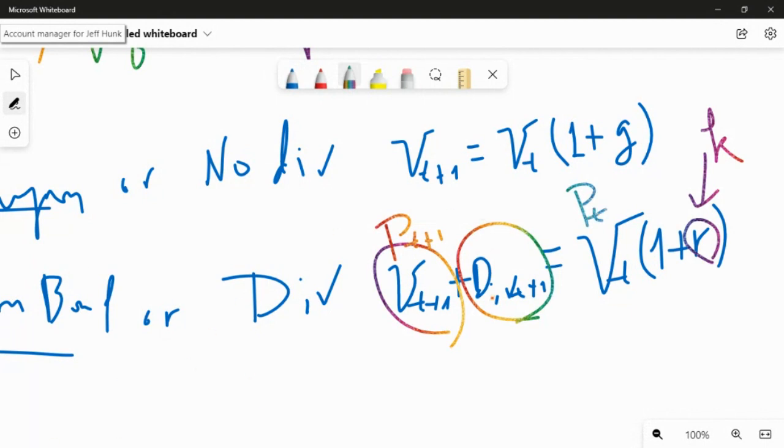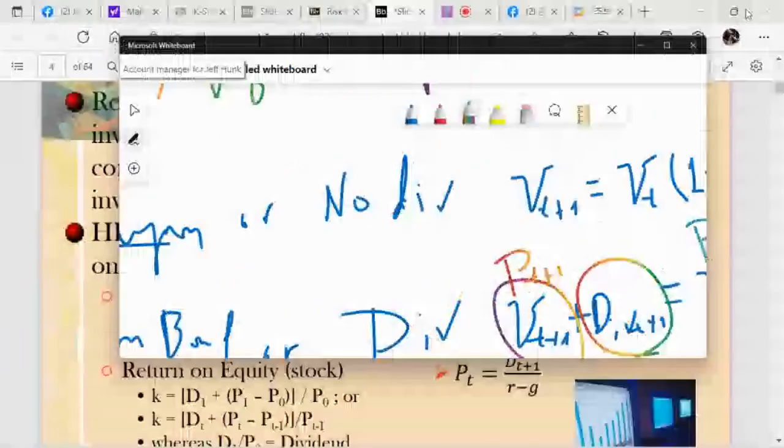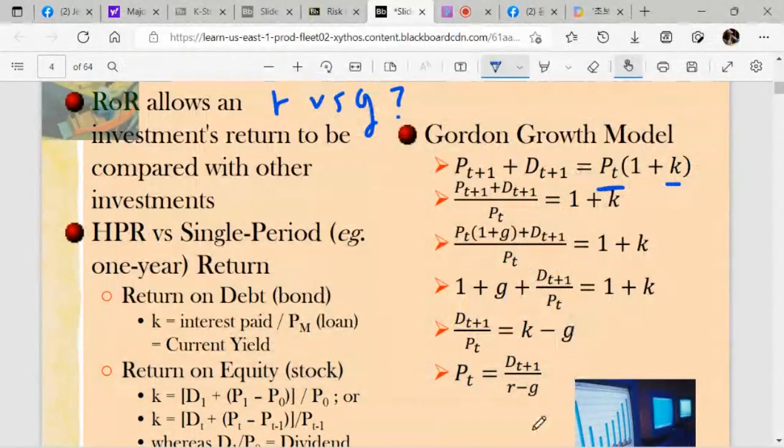So if the stock is growing and paying dividend, the growth rate in this case, not the growth rate K, the return, is more than just merely the growth rate, because there is dividend.